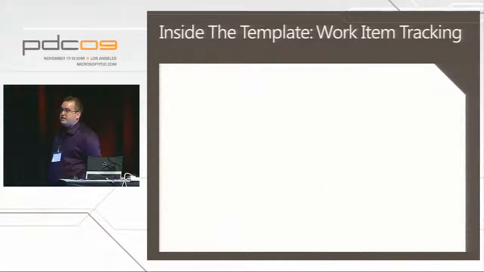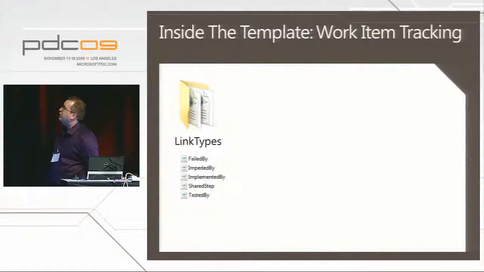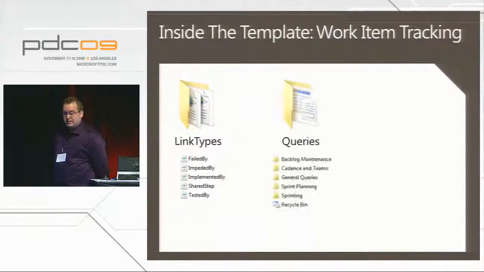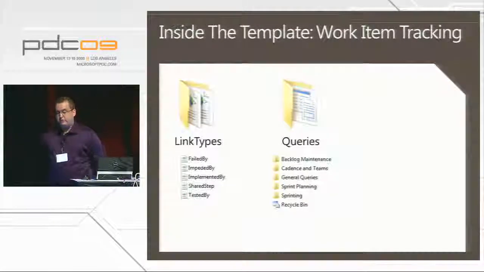So what's actually in the template when we look at work item tracking? We've got a bunch of link types, as Simon neatly described earlier. We have link types such as failed by, impeded by, implemented by. We have a bunch of queries. Those queries can look at those link types.